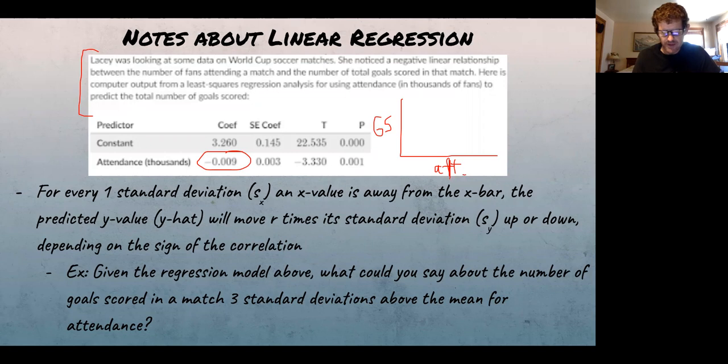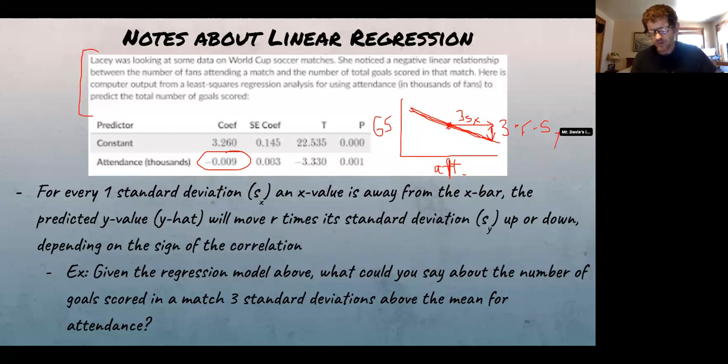I know it's very slight, but we'll just draw it exaggerated. Let's say the mean is right here. As this goes up 3 standard deviations, so 3 times the standard deviation of x, it's going to go down, not 3 standard deviations of y, but 3 times r times the standard deviation of y. So we could just say something to that effect.